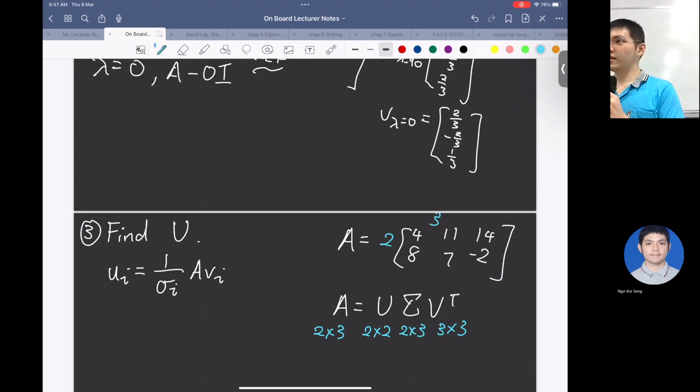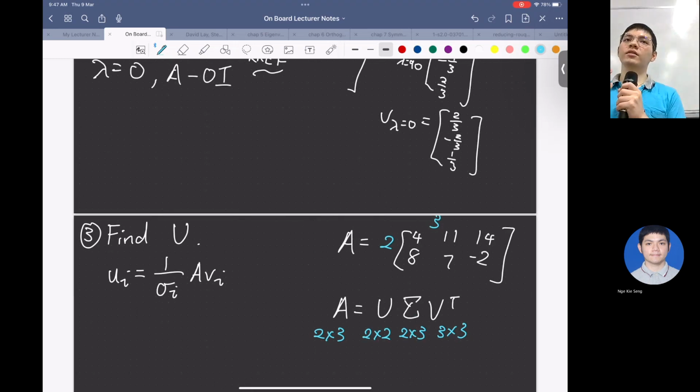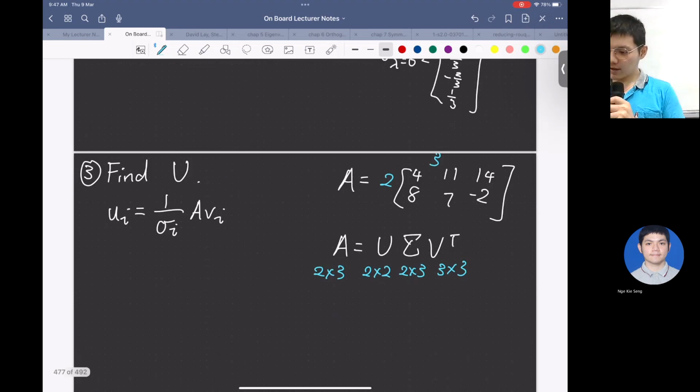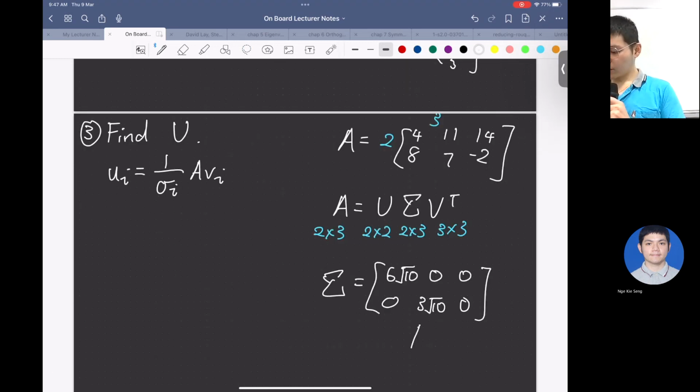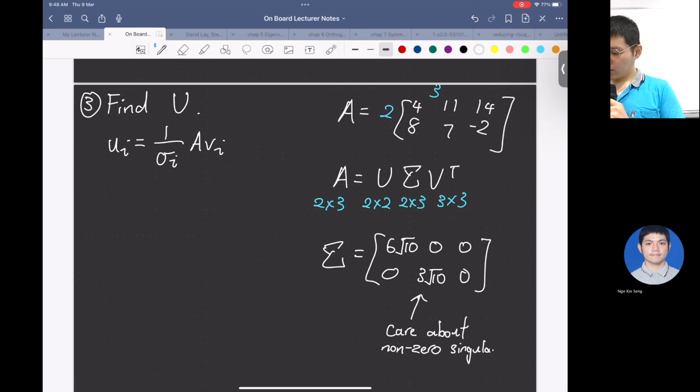Just now we found a 3 by 3 matrix already. And then we have sigma; we got 3 singular values, but we only care about the non-zero ones. So let me write down the sigma. The first one we get is 6 times square root 10, and the second one is 3 times square root 10. We only care about the non-zero singular values, on the r by r block. There's an extra 0, so we don't put this extra 0 here.